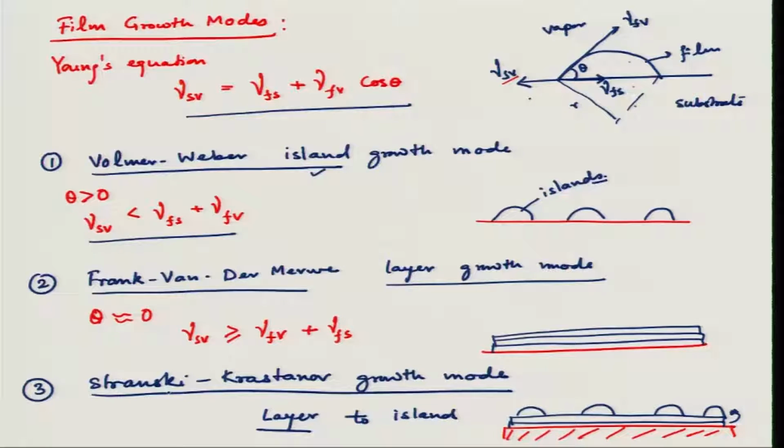Now, for this let us discuss if gamma SV is higher than gamma FS plus gamma FV. If it is higher, then we will have layer growth.